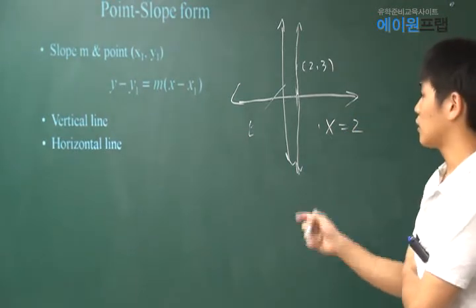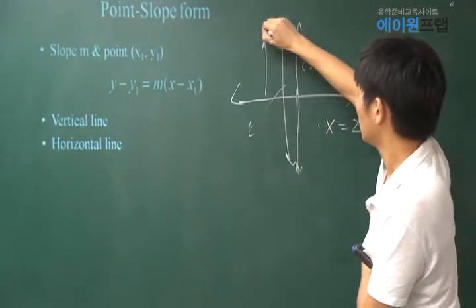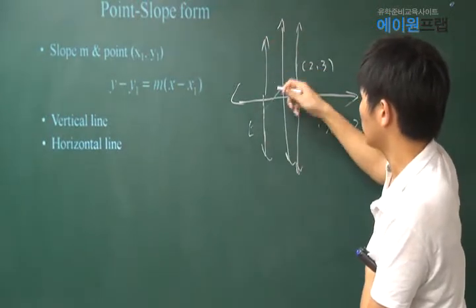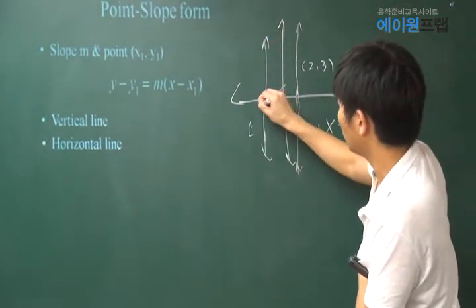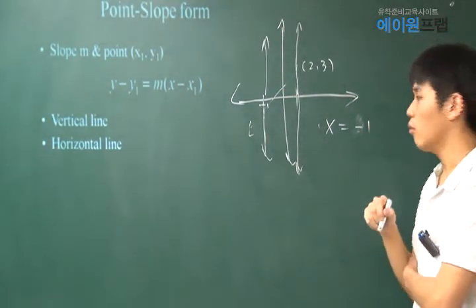Okay, so that's how you represent vertical lines. If the line was here and the x over here was -1, then this would be x equals -1.